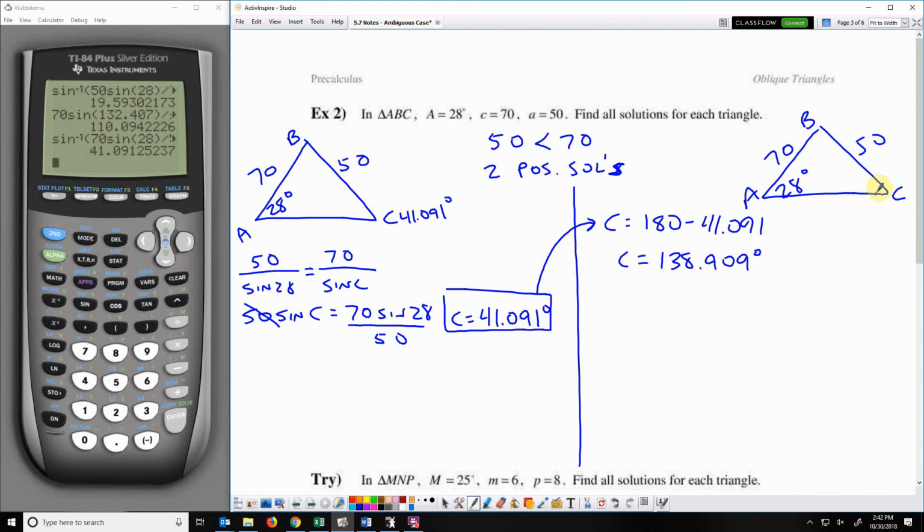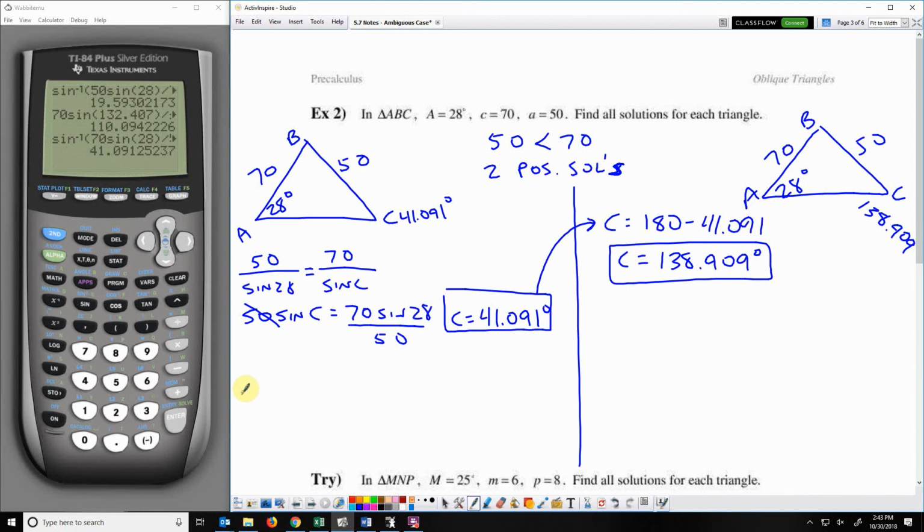So that is the other possibility for angle C, 138.909 degrees for angle C. Okay, so I've found a possibility for angle C on each triangle. Now I'm going to finish up this one on the left.